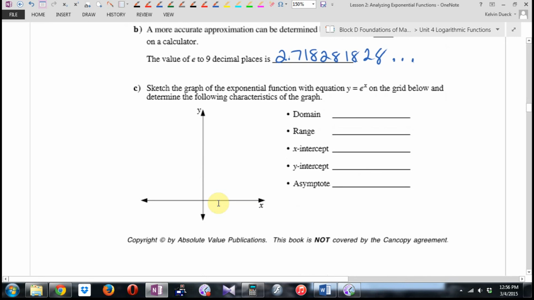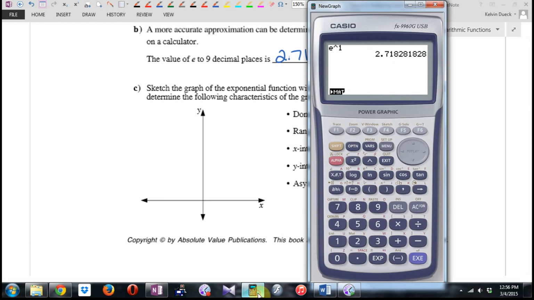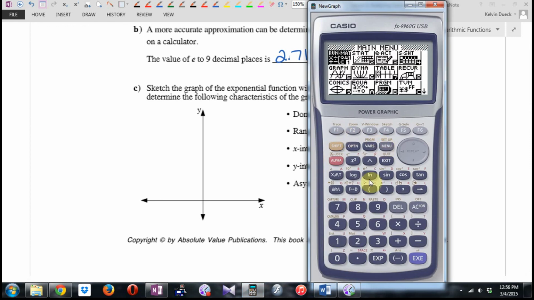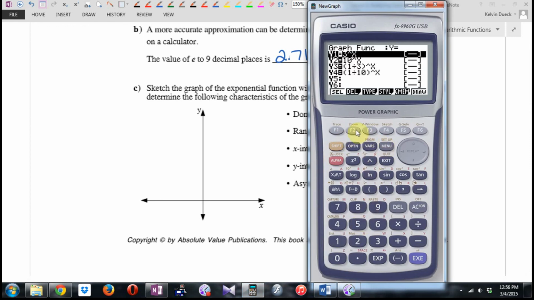So, you ready? We are going to graph y equals e to the x. Menu. Go to your graph. Delete whatever graphs you have here. How will I graph e to the x?